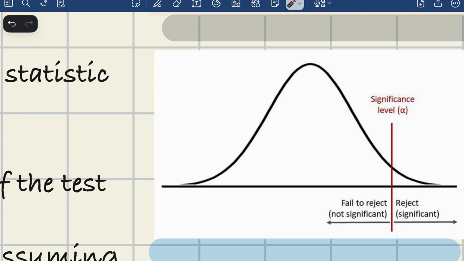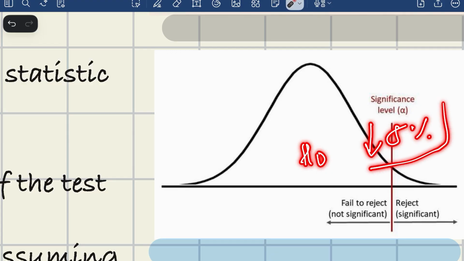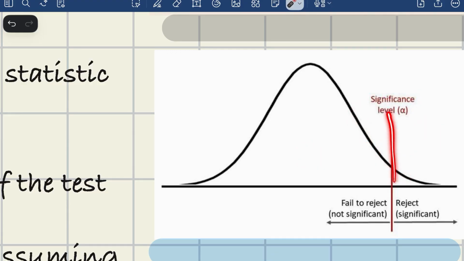Usually alpha is set to 0.05, at 5%. This means you only reject the null hypothesis if there is less than a 5% chance that your result happened by pure luck. So this is the 5% where you reject it.